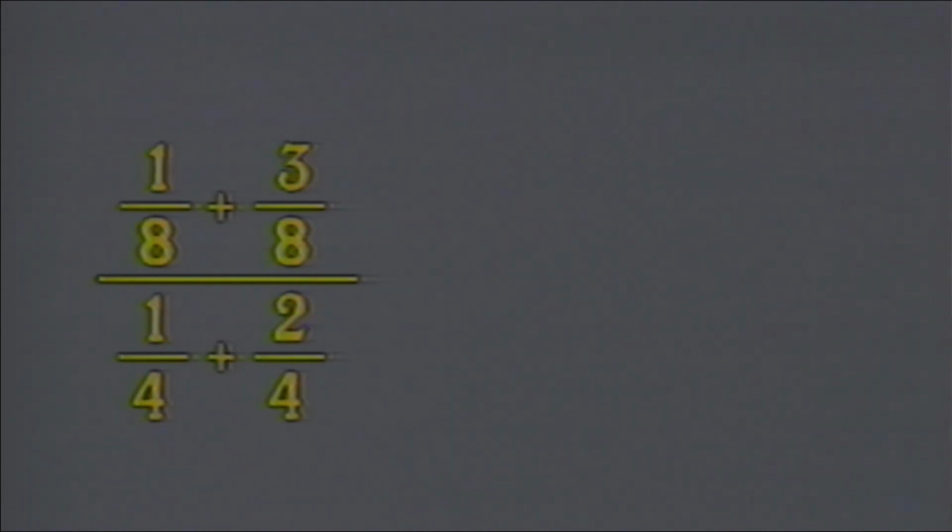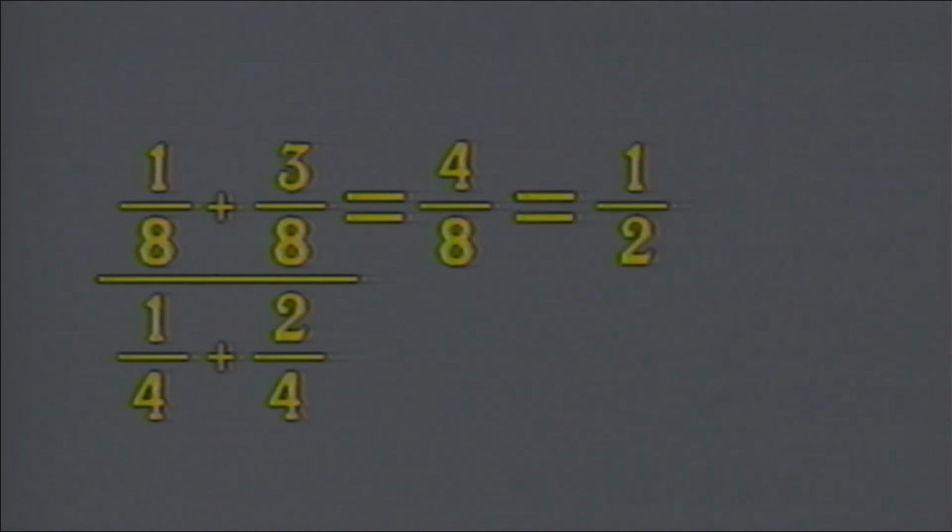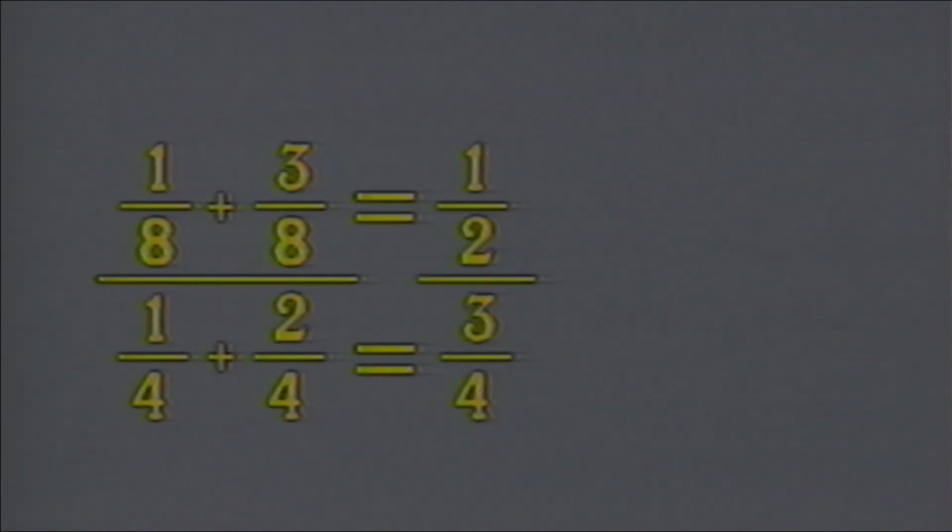First, simplify the numerator. 1/8 plus 3/8 is 4/8, which equals 1/2. Now, simplify the denominator. 1/4 plus 2/4 equals 3/4.